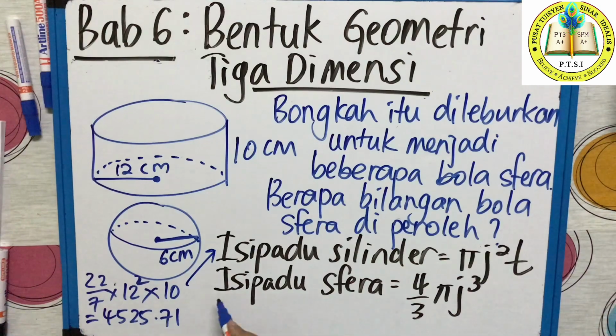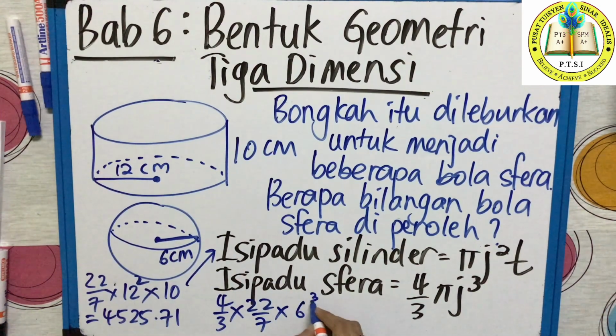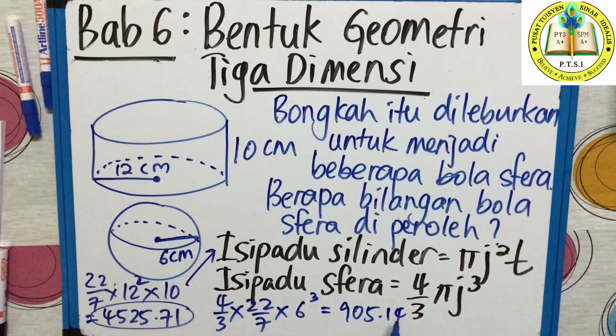Now you do sfera 4/3 times pi. Pi is 22/7 times jejari for the sfera is 6, so 6 cube. Answer 905.14. This also you get in a point form. So ini isi padu cylinder, ini isi padu sfera.